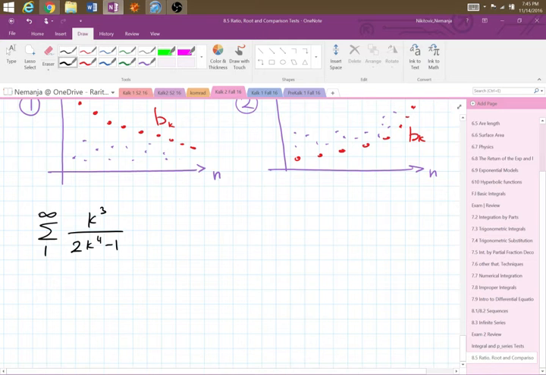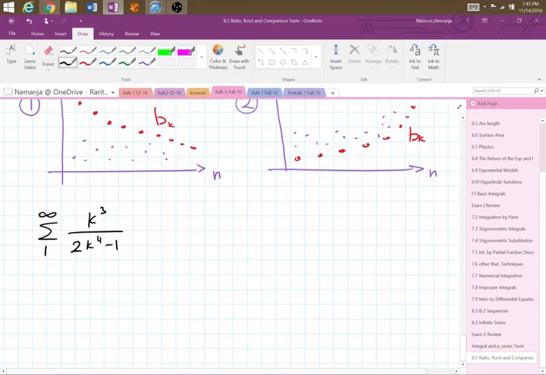So what do I have to do? This is the way of thinking that you have to develop. You say nothing matched, so I'm going to do comparison. Now, what should I compare it to? Well, you can compare this to anything in mathematics. But then you say, hold on, this is k cubed over k to the 4th.